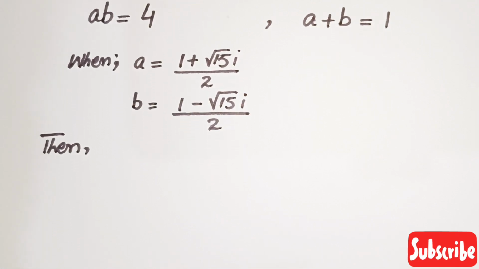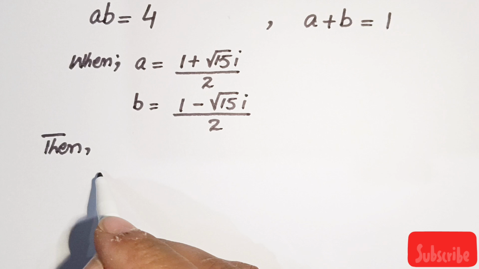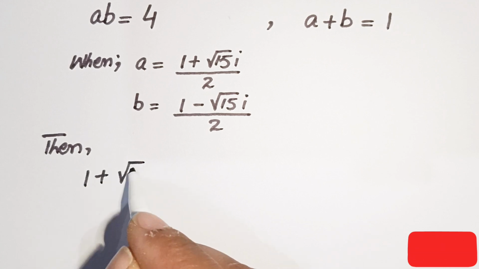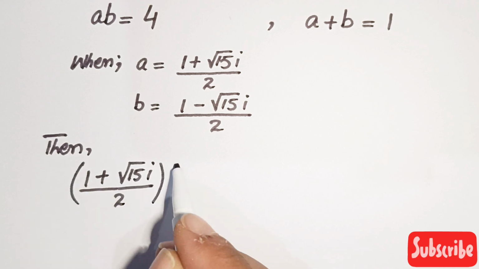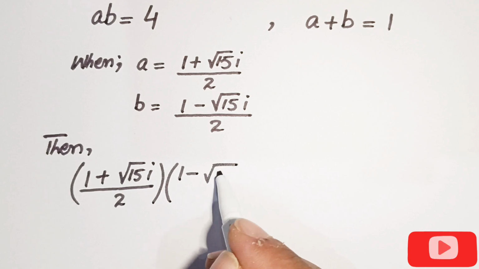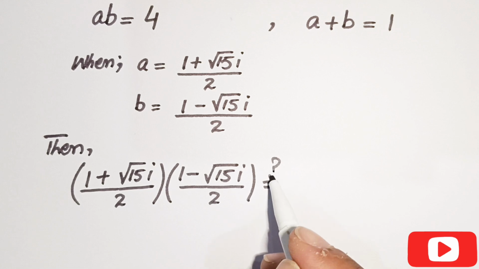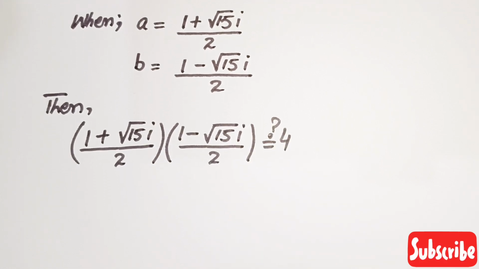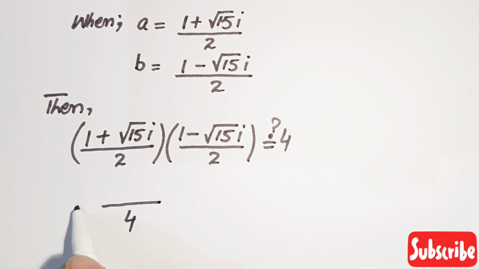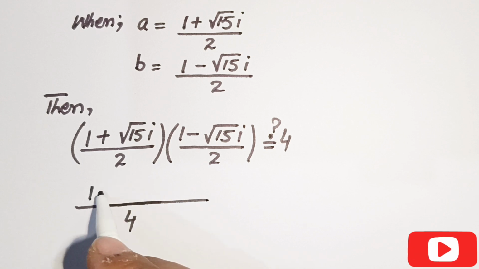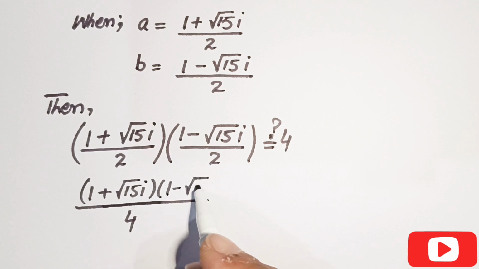Now a times b is equal to 4, so we put the value of a, which is 1 plus square root of 15 i all over 2, times the value of b, which is 1 minus square root of 15 i all over 2, and that should be 4. Here 2 times 2 is 4, and in the numerator we have 1 plus square root of 15 i times 1 minus square root of 15 i.